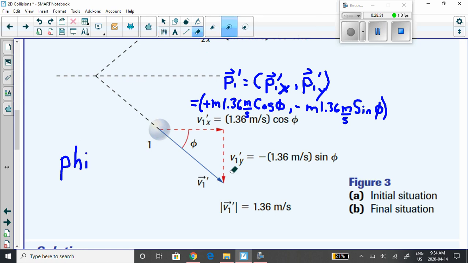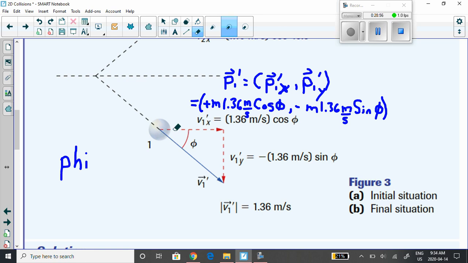Now they use velocities here. I'd rather start out with momentum. So we know that the momentum of the first object after the collision is equal to the components of that. Momentum is equal to mass times the velocity. Well, I know the magnitude of the velocity, and I want to find the x component. The x component is adjacent to the angle phi, so I have to use cos.